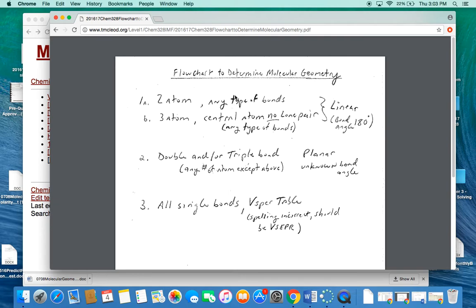A planar molecule or substance has an unknown bond angle because it actually can have different bond angles. And you usually don't call them planar, you usually have more specific names. But again, right now I want to simplify it for you. So we'll call it planar.